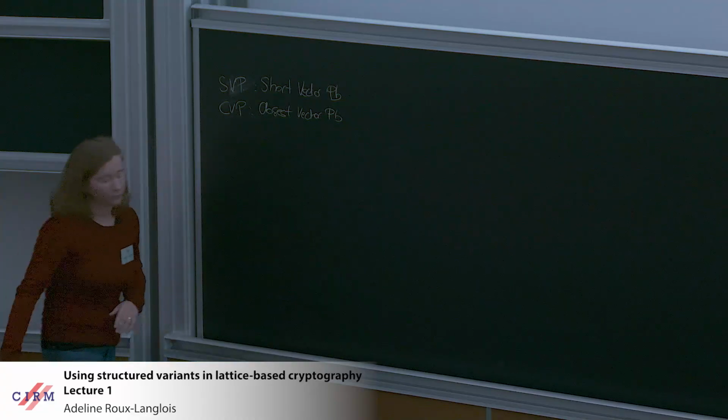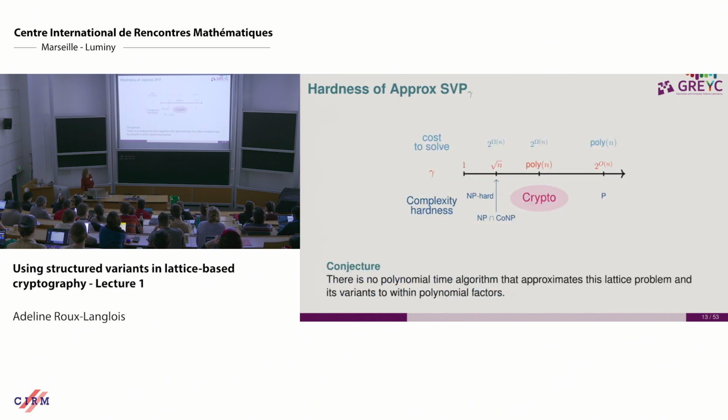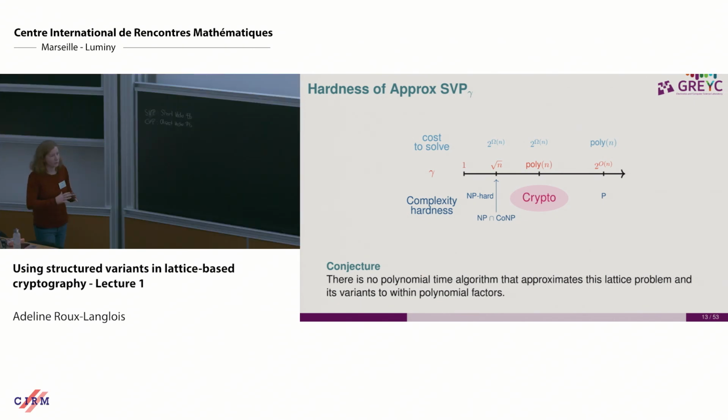Okay. So those two problems are not really equivalent, but if you know how to solve one, you can manage to solve the other one. So they have the same, we will say they have the same complexity. So how hard it is to solve them? It really depends on your approximation factor. So remember, gamma is your approximation factor, so it gets easier when gamma gets bigger, okay?